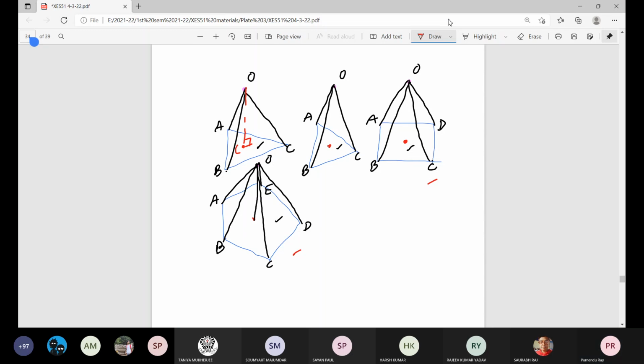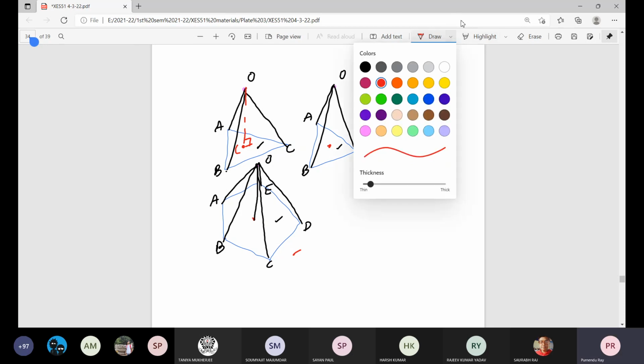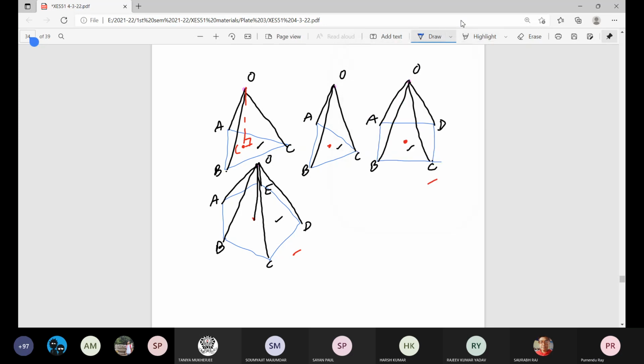So the base may be regular or irregular, and the axis may or may not be perpendicular to the base. In that case, either it will be a right object or it will be an oblique object. How is it an oblique object? Suppose this is the base.